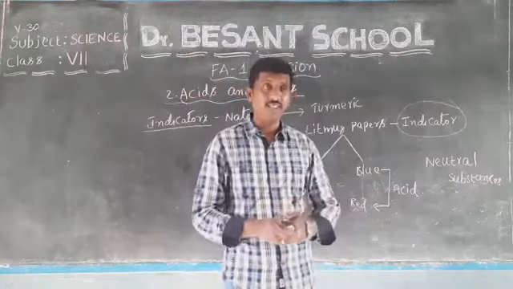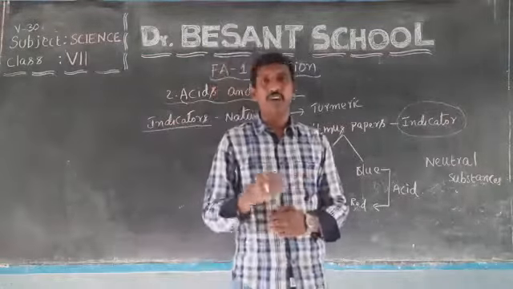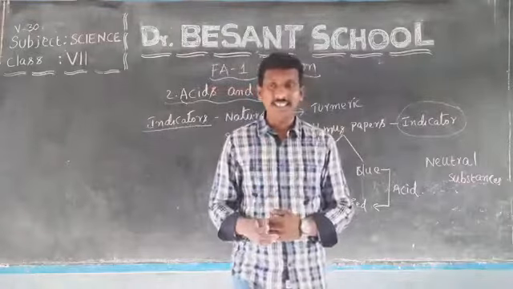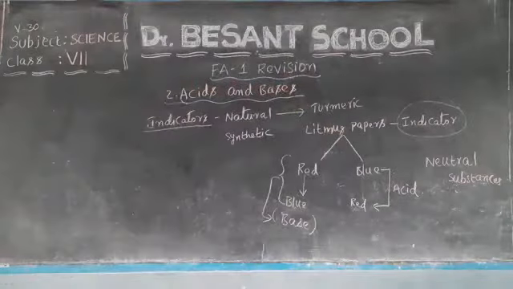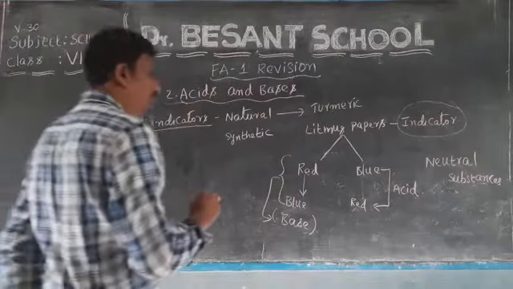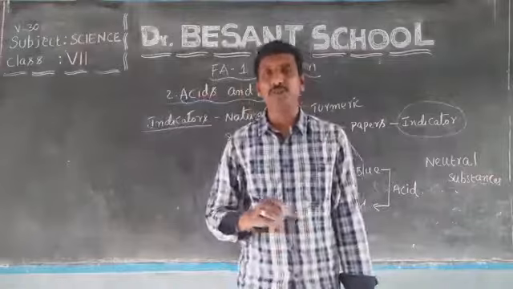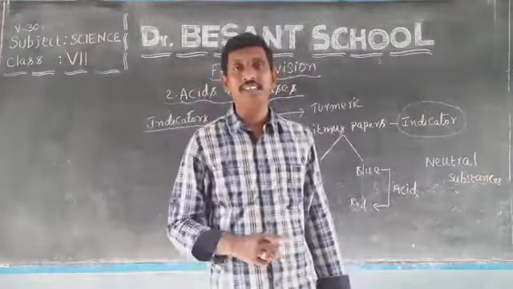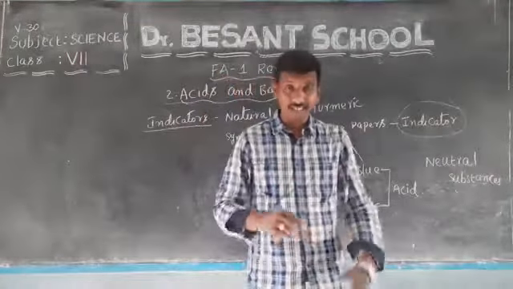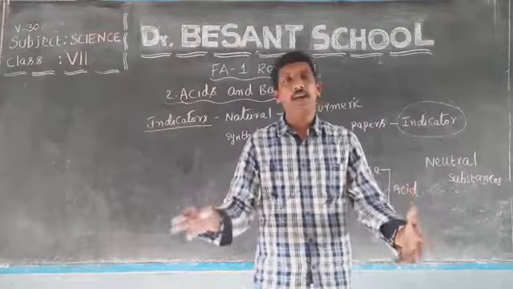And a base is a substance which produces OH minus in its aqueous solution. You understand? Yes. This is the general, widely used definition of an acid and a base.